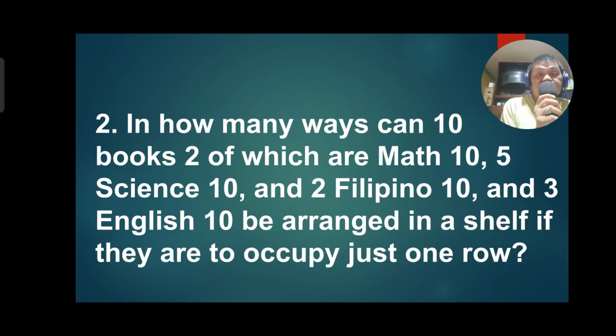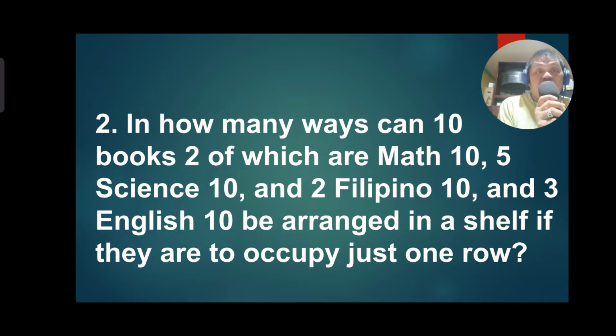Number 2, in how many ways can 10 books, 2 of which are Mathematics 10, 5 Science 10, 2 Filipino 10, and 3 English 10, be arranged in a shelf if they are to occupy just one row?